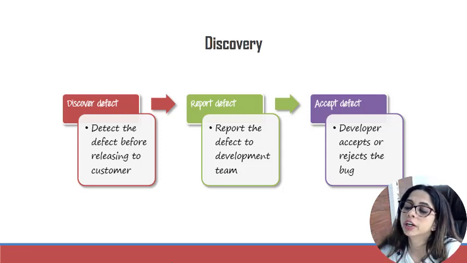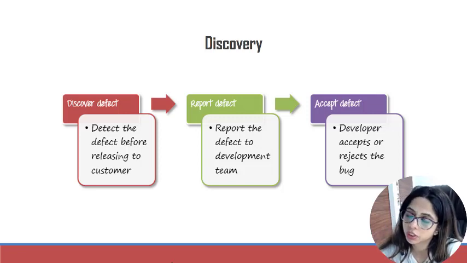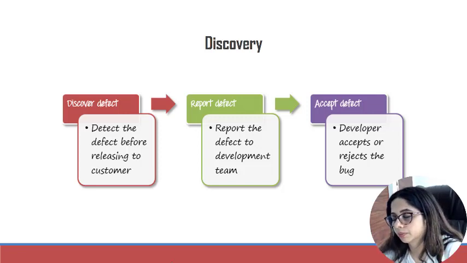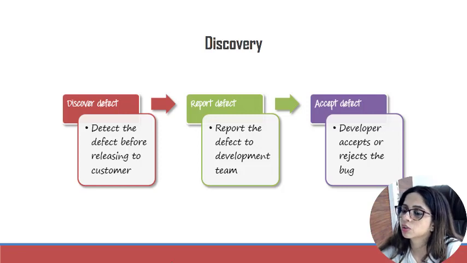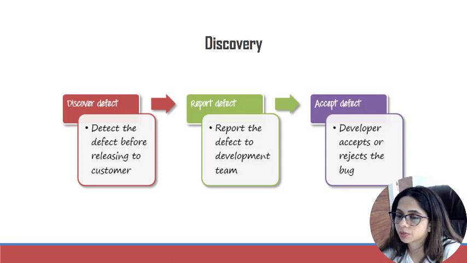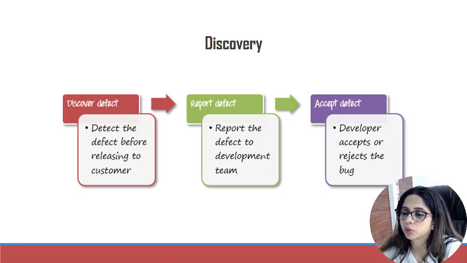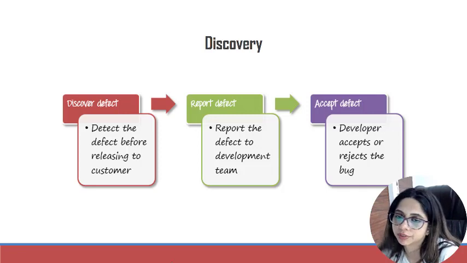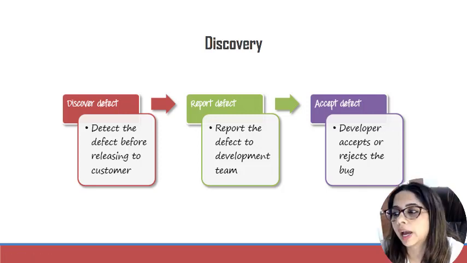Now you have to report the defects. All the defects which you got have to be reported to the development team, so they know that these many defects have come, and we know our responsibility, who is doing what. There's discovery and reporting of the defect, and finally accepting the defect.